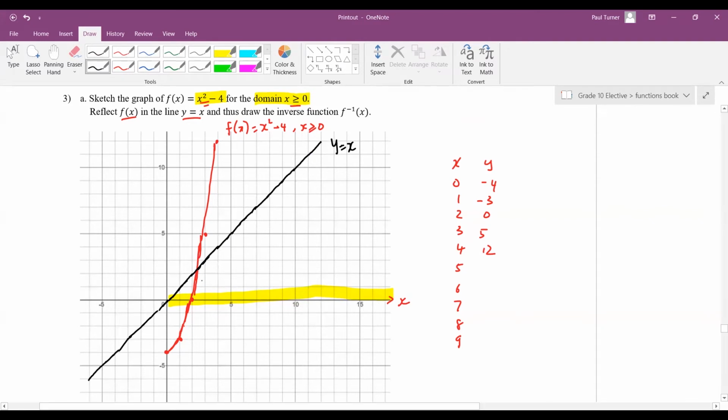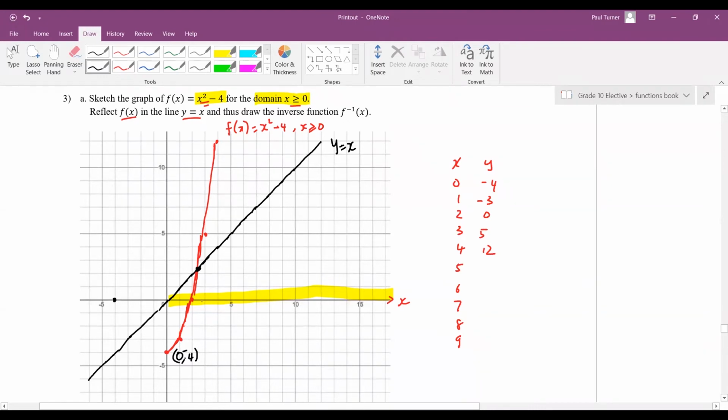So we could choose some points that we had. So this point here, remember, is 0, minus 4, right? Yeah, that's 0, minus 4. And on our inverse, that would be minus 4, 0, which is here. And then we're going to pass through this point here. So the graph is going to go this way.